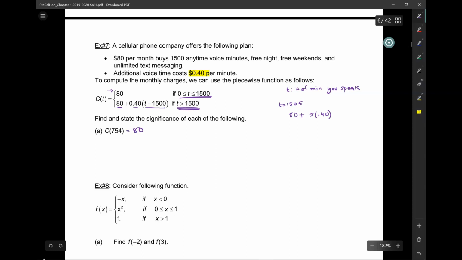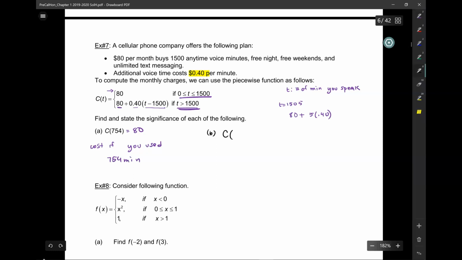And it says state the significance. So what does this stand for? Basically this is the cost if you used 754 minutes.